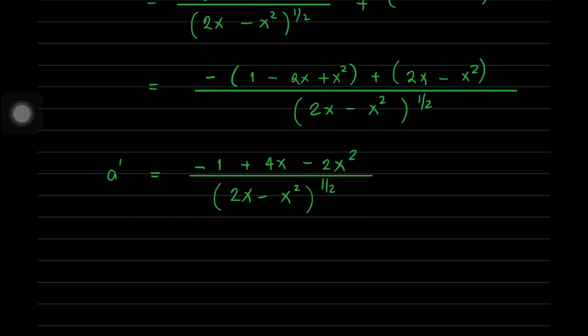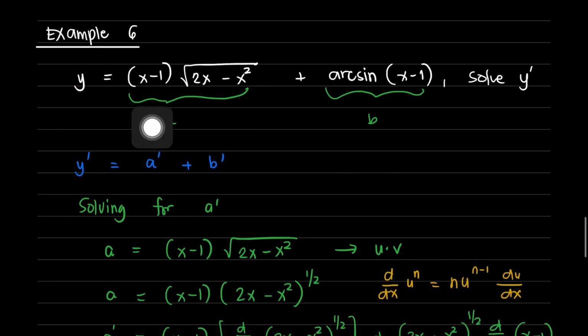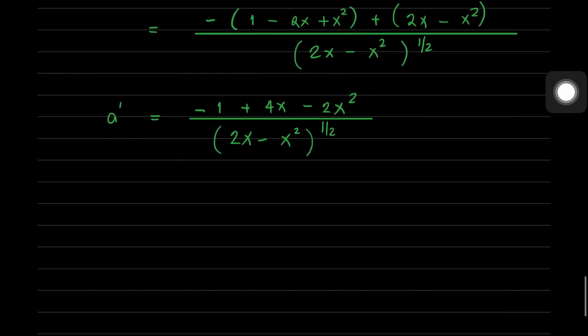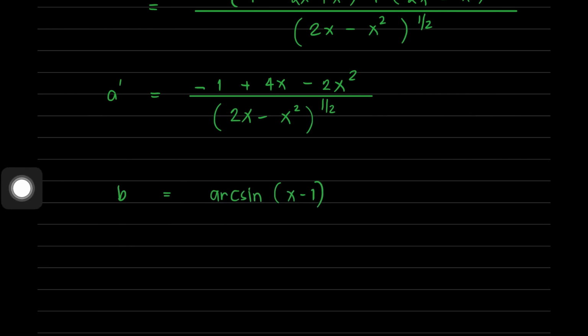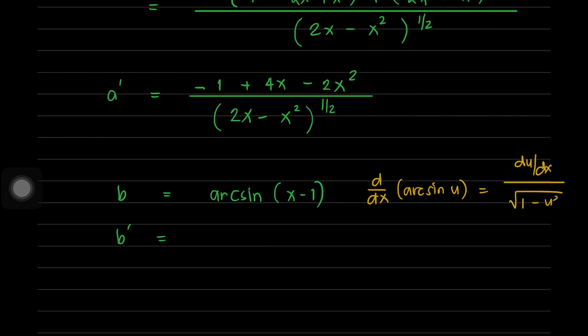Now, if we're going to solve for the derivative of arc sine of x minus 1, or if we're going to let arc sine of x minus 1 be equal to b, then b prime would now be equal to, if we're going to recall the formula for the derivative with respect to x of arc sine of u, that is equal to du over dx all over the square root of 1 minus u squared.